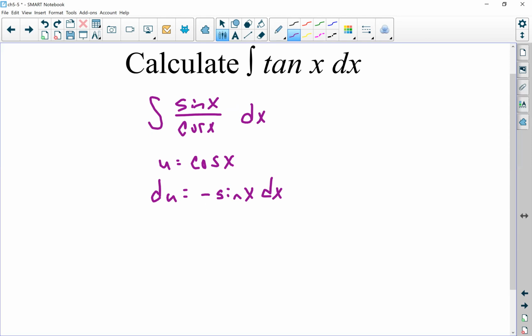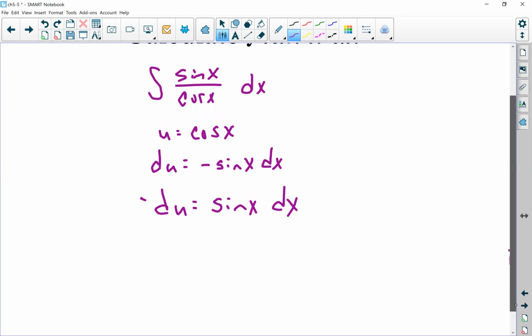I don't have that negative. So I just solve. So I get sine x dx on one side. I'm going to have that negative then on the other with the du.